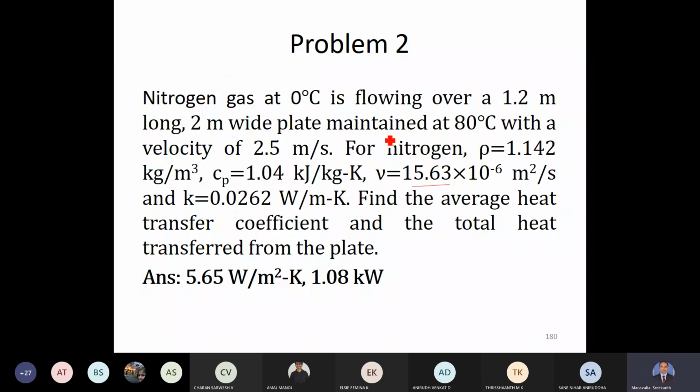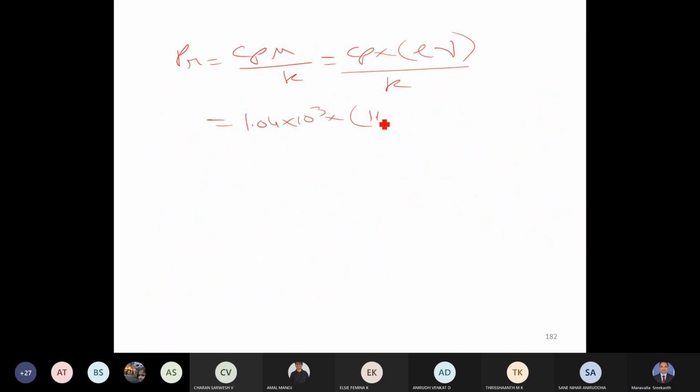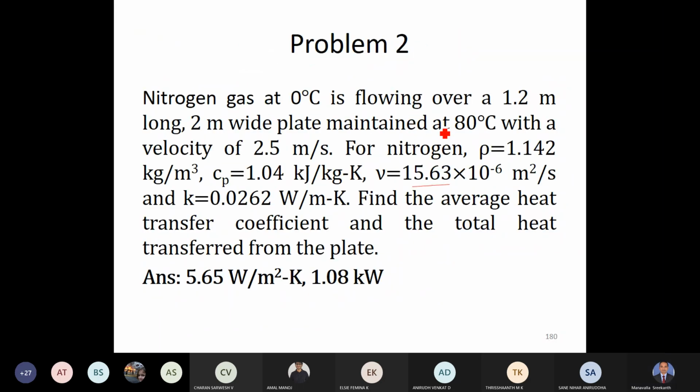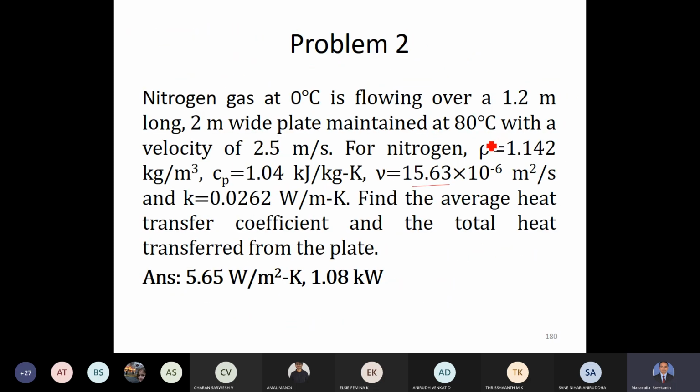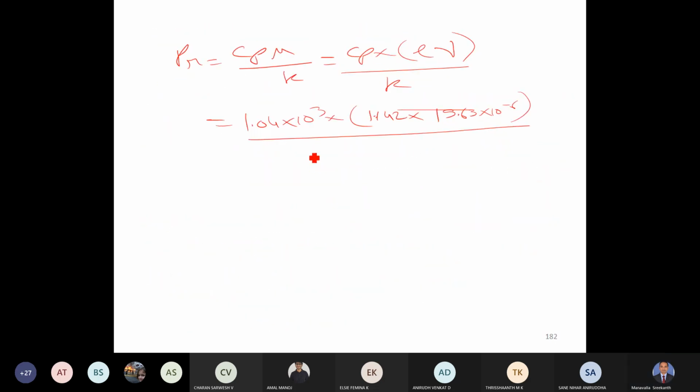Density is 1.142, multiplied by kinematic viscosity, which is 15.63 multiplied by 10 power minus 6. This divided by the conductivity, which is 0.0262.